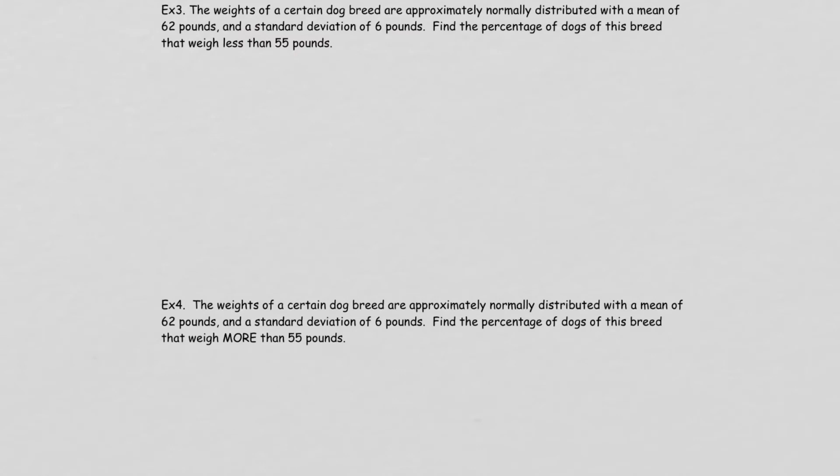Let's go over another problem. This one is the normal distribution again, with a mean of 62 and a standard deviation of 6 pounds. Find the percentage of dogs of this breed that weigh less than 55 pounds. We're going to do the same thing: find a z-score and look for that z-score in the table.